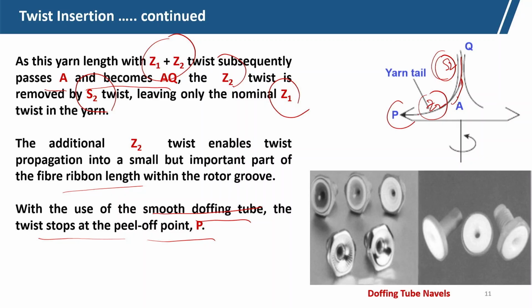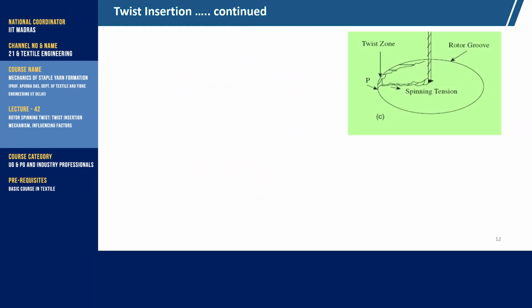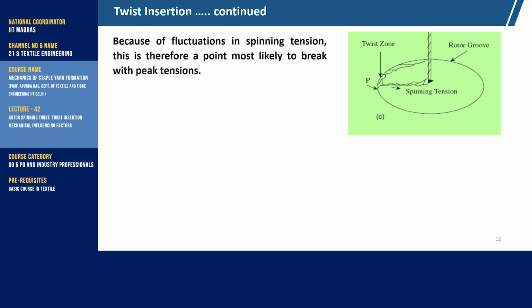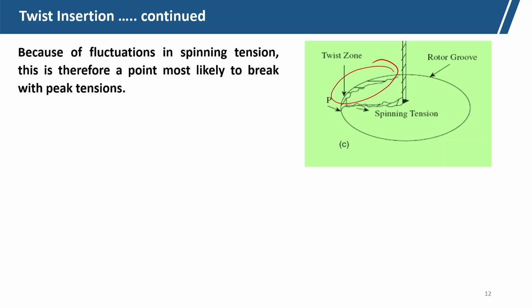So, twist will stop at this point P. Because of the fluctuation in spinning tension, this point is most likely to break. If we cannot transmit twist in this zone within this ribbon, then there will be a breakage at the peak tension. So, this zone is a very weak zone.